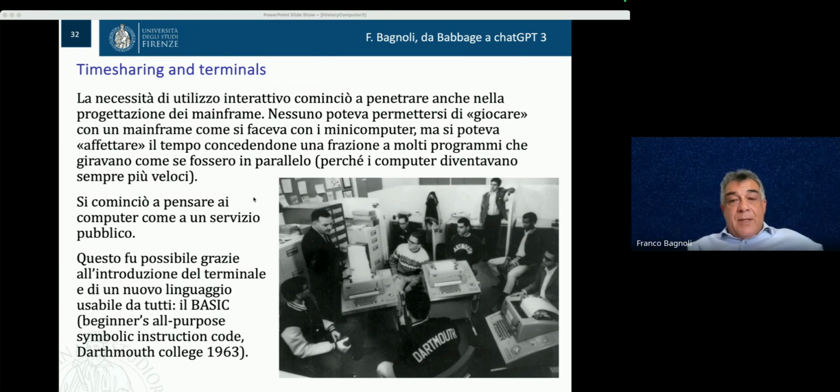So they developed the idea of having more people using the same computer at the same time, using the concept of time sharing. The idea was to have several terminals connected to the same computer, and have a computer that dedicated a small amount of time to each of the tasks.